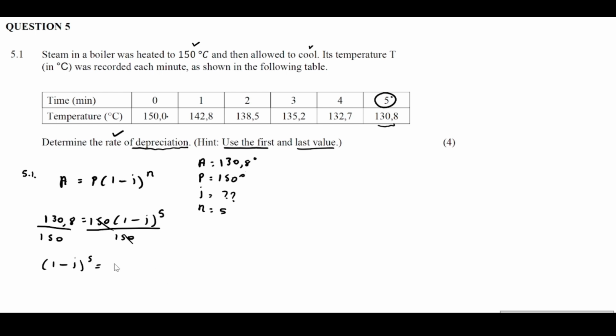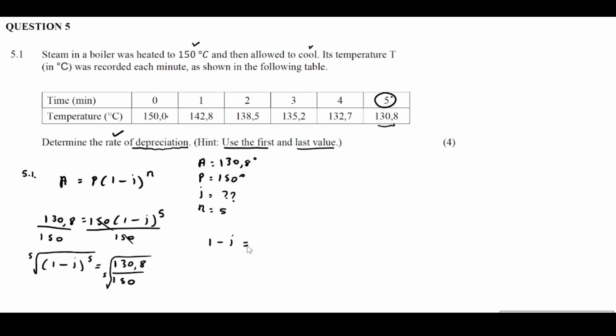This is going to be 130,8 all divided by 150. Just leave it as it is, do not round it off. And then we want to get rid of this 5, so we're going to introduce the fifth root. Also here you're going to introduce the fifth root. So the fifth root is going to cancel with this 5, so I'll be left with 1 minus i.